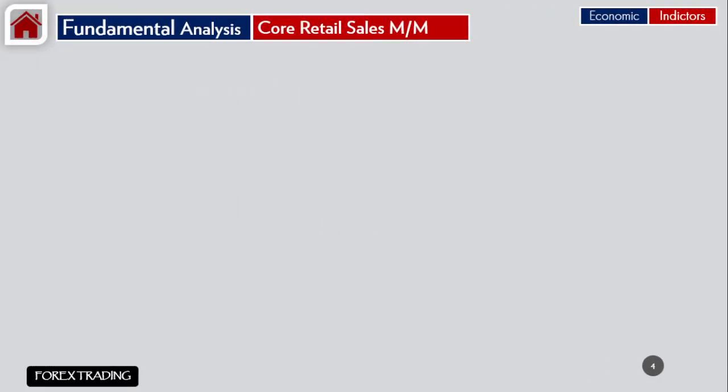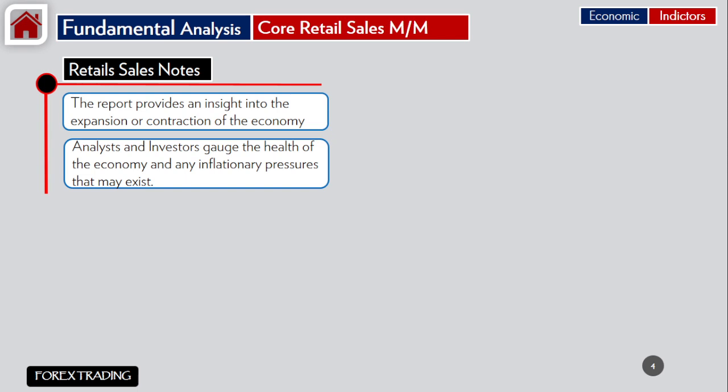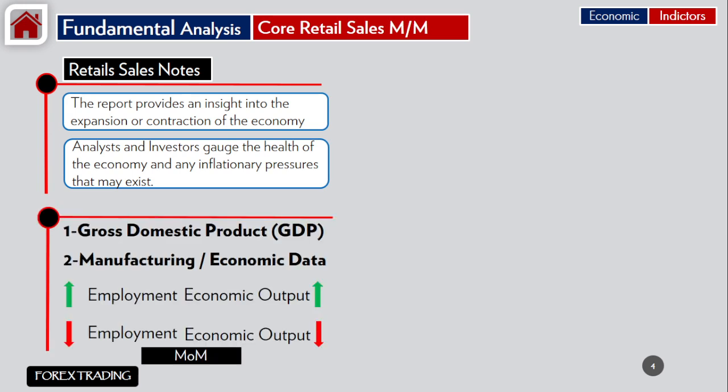The report provides an insight into the expansion or contraction of the economy, and analysts and investors gauge the health of the economy and any inflationary pressures that may exist. This is very important data about retail sales, and it also feeds into the gross domestic product and also into manufacturing and economic data.